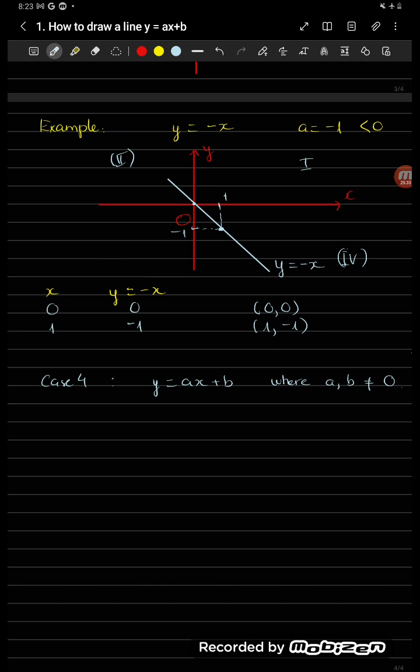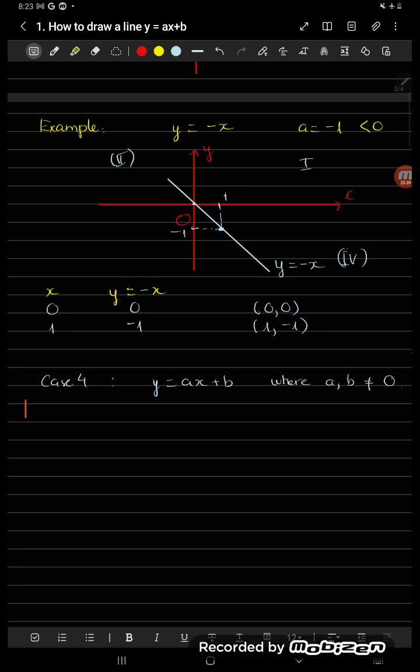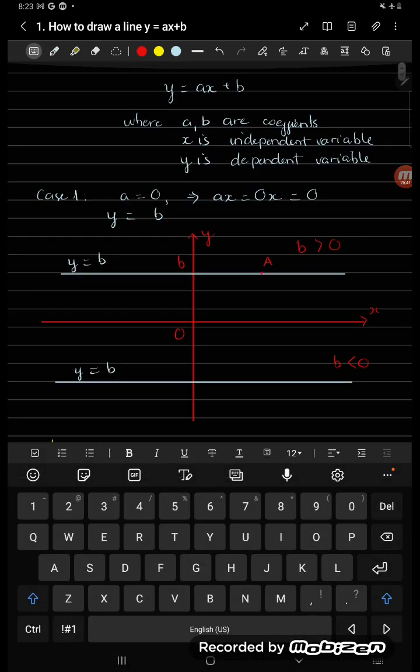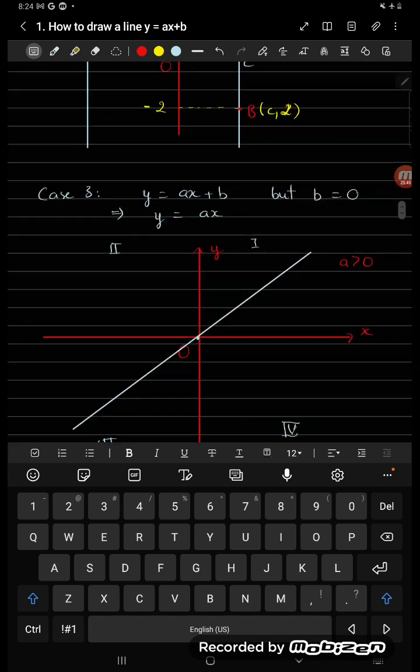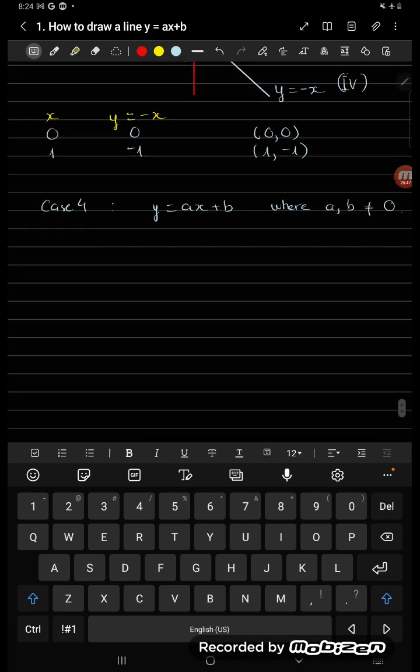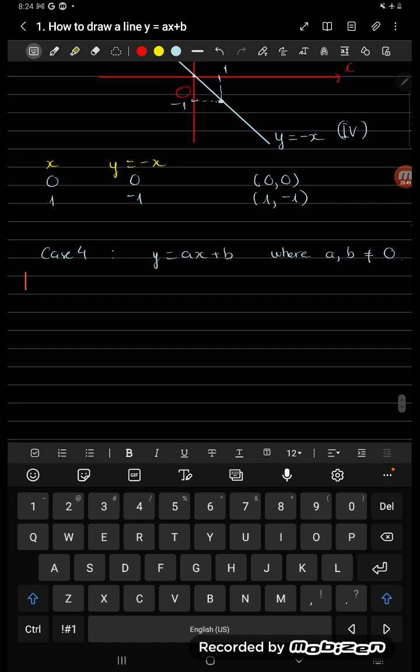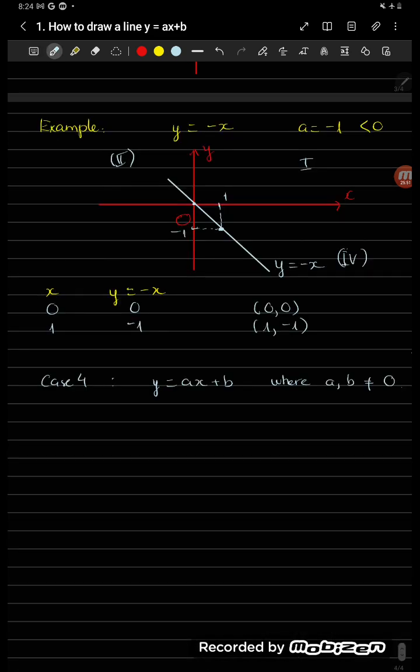You always need 2 points to draw a line, except for the special cases above, the horizontal and vertical lines, y equal to b or x equal to c. Then you don't need 2 points. But for y equal to ax or y equal to ax plus b, you always need 2 points.